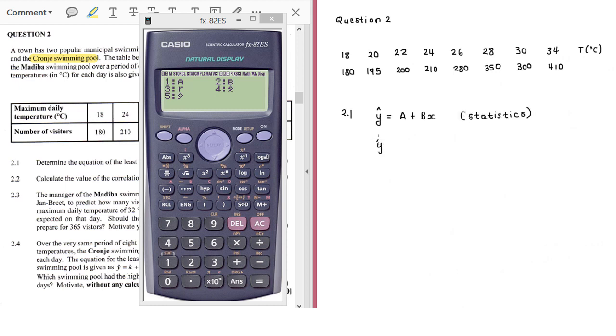So here we go. y hat is equal to, what is the A value?